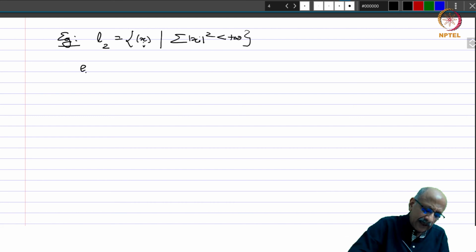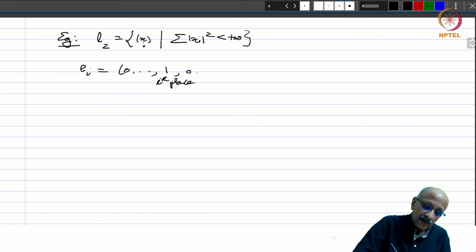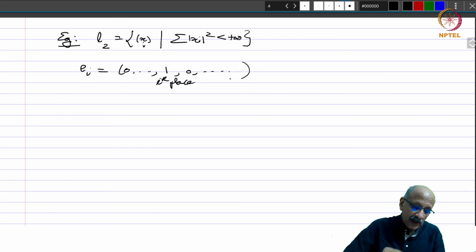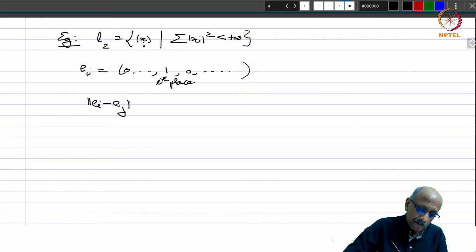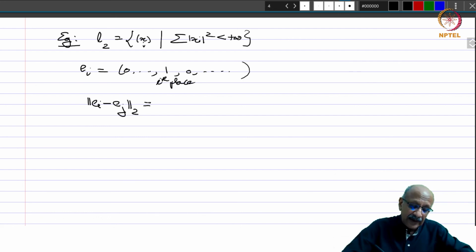Let me take ei to be the sequence which is 1 in the ith place, 0 everywhere else. Then what is the norm of ei minus ej in l2? You will get 1 in the ith place, a minus 1 in the jth place, and therefore this will be nothing but square root of 2.